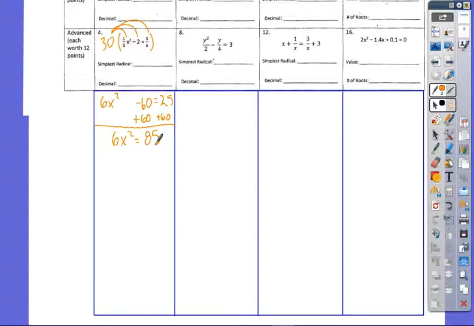All right, so now, what can I do to get the x all by itself? What's the next step in getting the x all by its lonesome? Evan? Divide by 6. Let's divide by 6. So I end up with x squared is equal to 85 over 6.